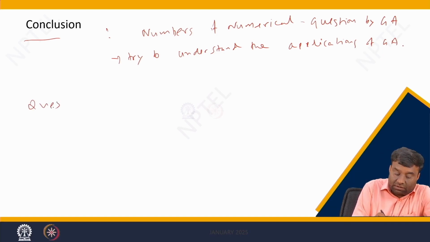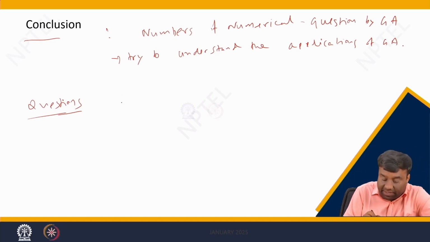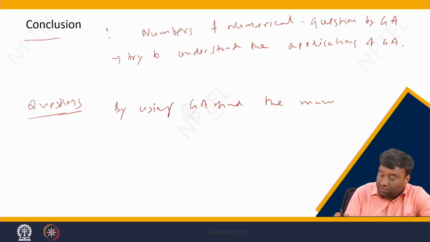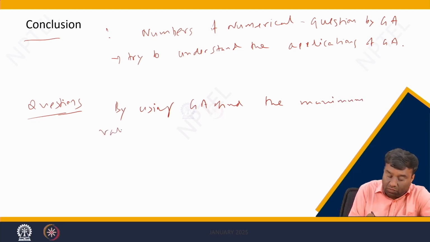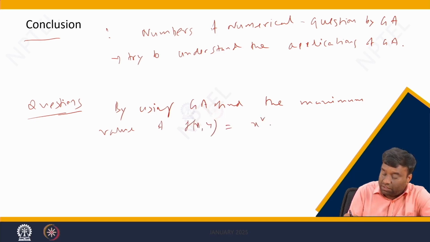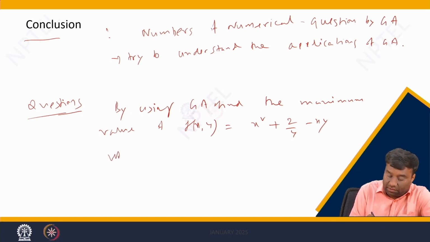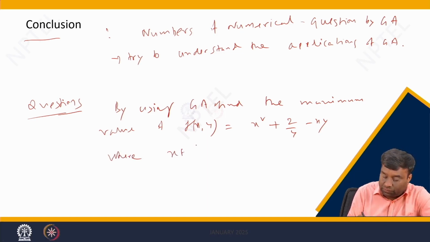So the question is that, suppose you want to maximize some function. The question is: by using genetic algorithms, find the maximum value of f(x,y) equal to x square plus 2y minus xy, where x belongs to 0 to 15 and y belongs to 0 to 31.